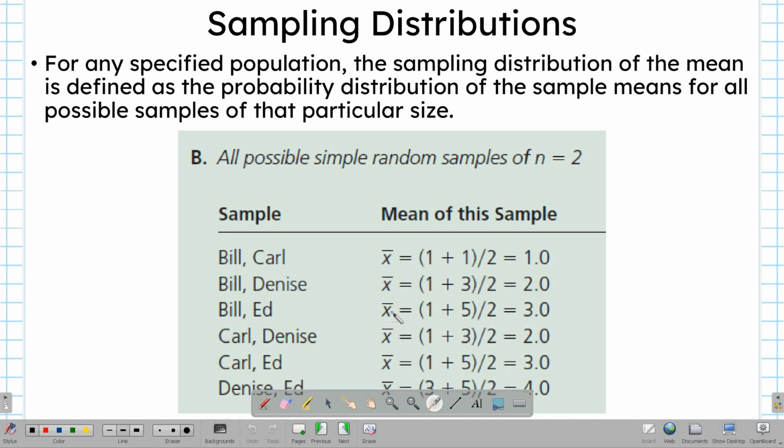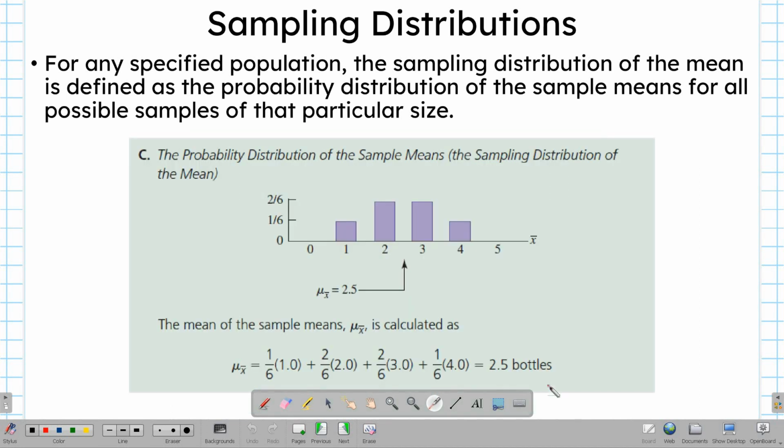Now, the sampling distribution creates a probability distribution out of these means. We can see that the different means we get are 1, 2, 3, and 4.